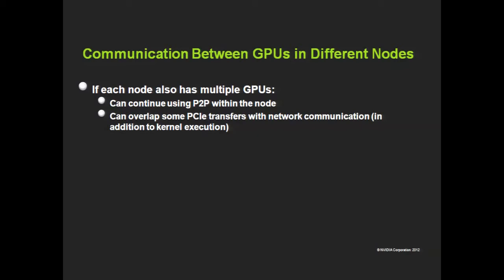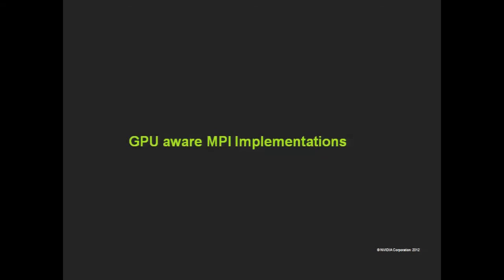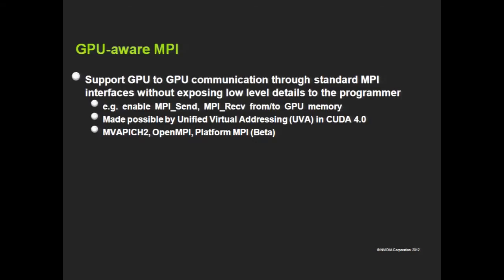Communication for multiple hosts, multiple GPUs. We heard about GPU Direct. NVIDIA worked together with Mellanox some years ago. And what does it mean? Before GPU Direct, you had to copy the data from the GPU buffer to the network buffer inside the host memory, and with GPU Direct, this was no longer needed.